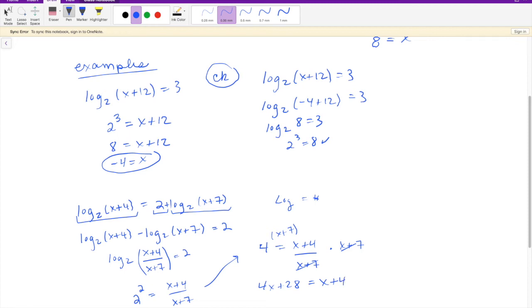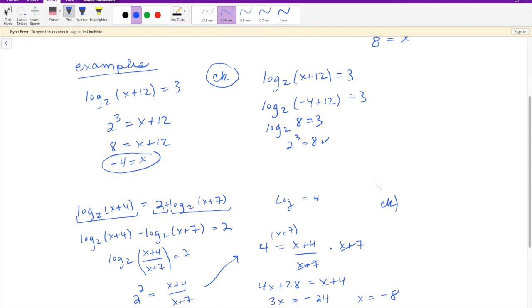So subtract x, this is 3x. Subtract 28, that would be equal to negative 24. So x is equal to negative 8. Okay, good deal. So now let's go ahead and check this.